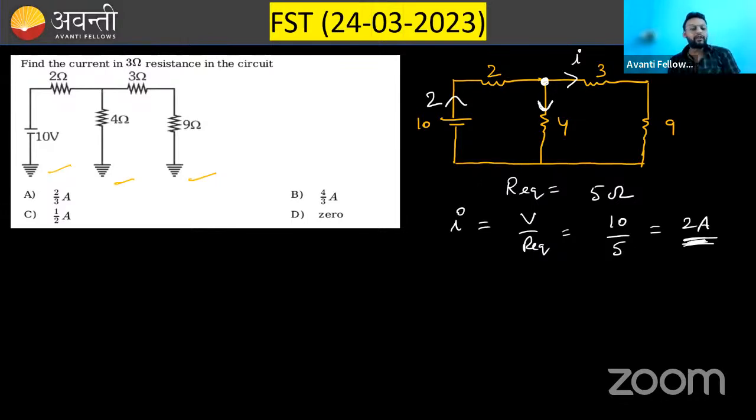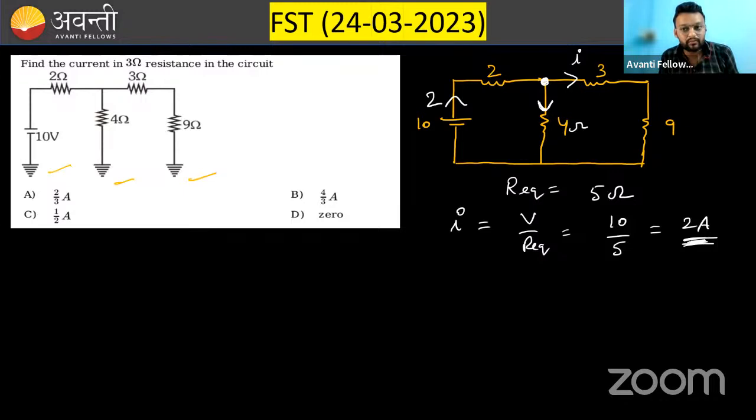Can anyone answer very quickly, from YouTube or from Zoom? What will be the current in 4 ohm resistor? Quick, quick, quick. You know the KCL? Okay, someone has written 4 minus I. Okay, 4 is the resistance.